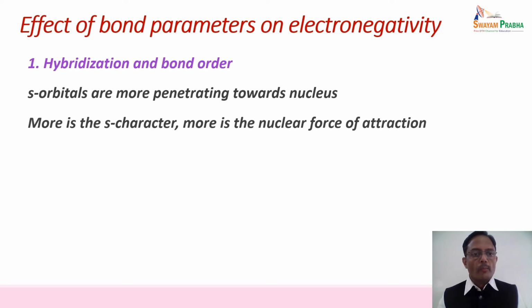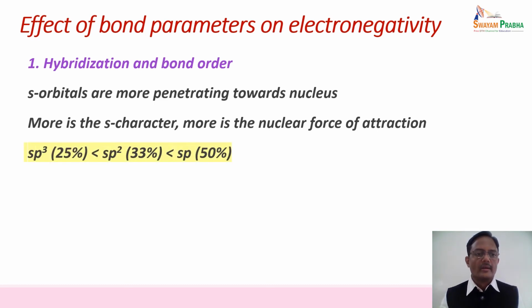Now, the more s character in a particular orbital, the more will be the nuclear force of attraction, because an s orbital has a higher probability of being found near the nucleus. And hence, we know that sp3 hybridization has 25% s character and 75% p character, because it is formed by one s orbital and 3 p orbitals.